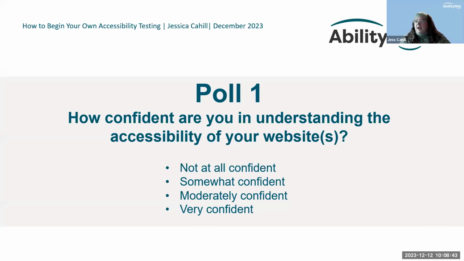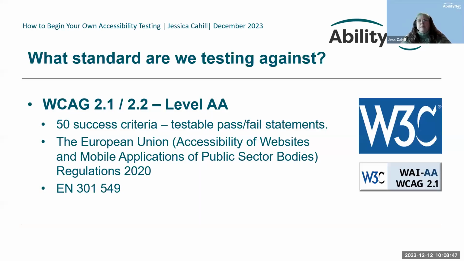So just to have a think first about what we are testing against. How do we measure the level of accessibility of our website? So the main international standard is the Web Content Accessibility Guidelines, which we tend to refer to as WCAG. It's currently at version 2.2.